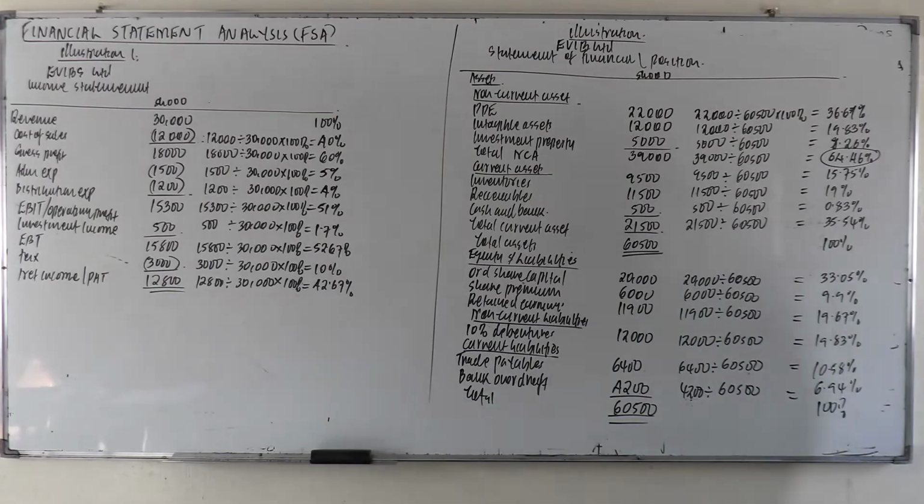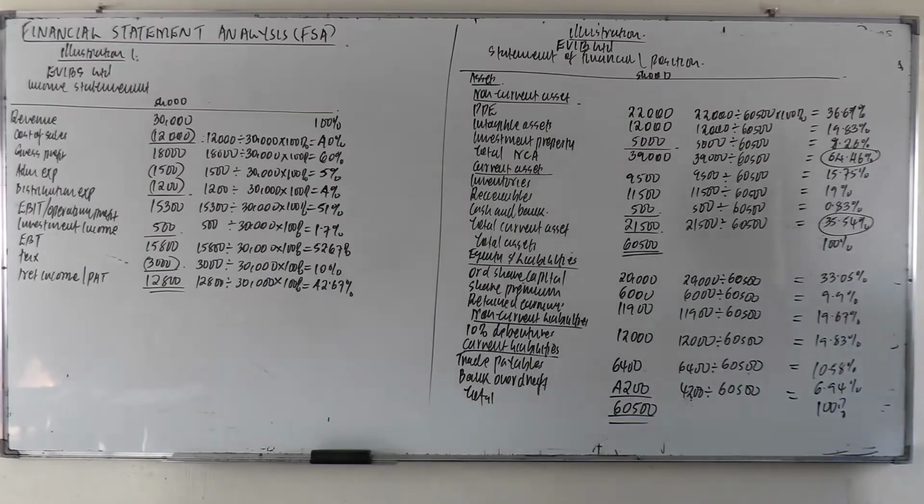And then cash, 0.83%. So if you are to assess the liquidity of this company, they are not performing well. Why? Because receivable is 19%. Therefore, there is no cash because most of our customers are not paying, which represents almost 20%. And our current assets, the short-term assets, represent 35.54% of the total investment.